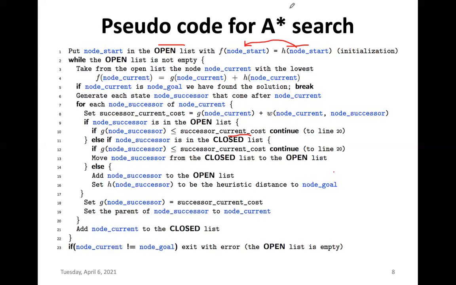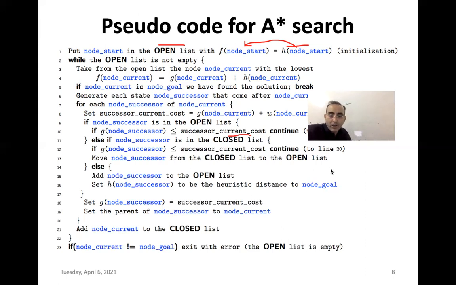Now I am going to enable the video also so that you can see. I will take the help of this whiteboard too. I am writing the open list, and I am putting Arad, A, in the open list with f of start node, which is Arad, equal to h of start node.